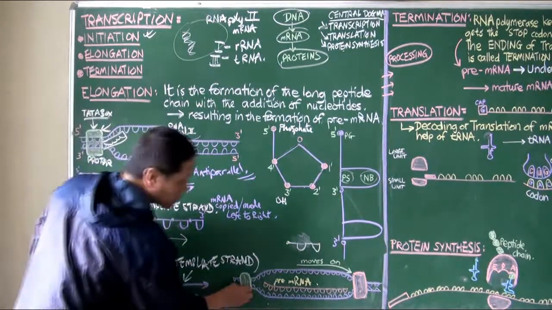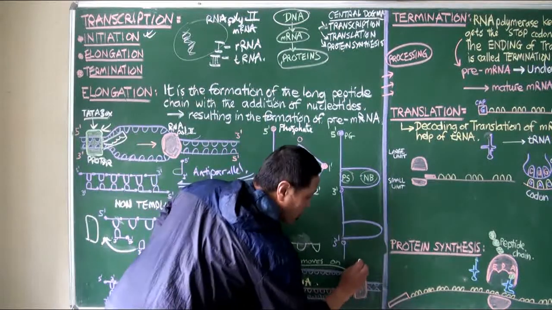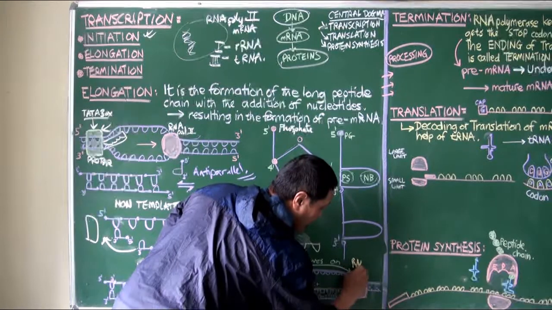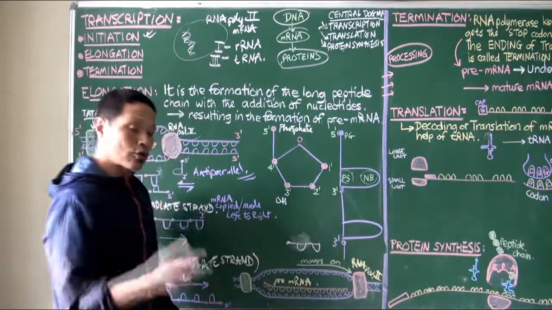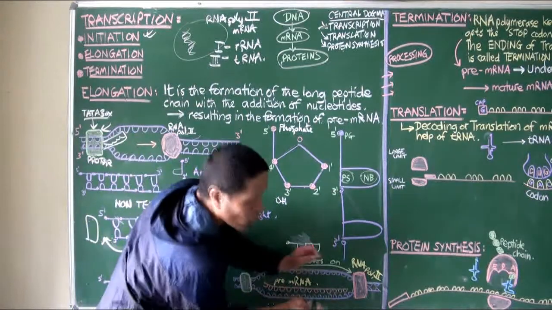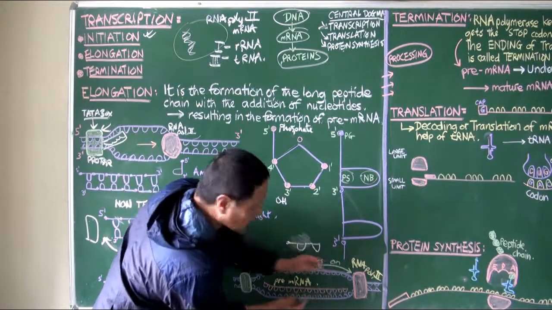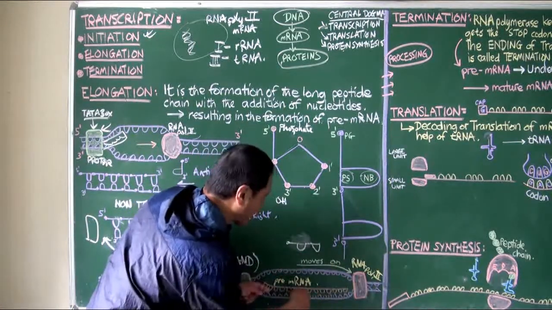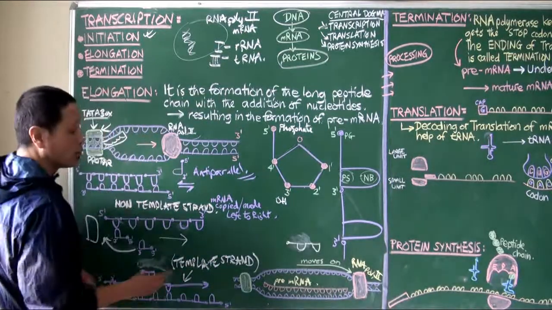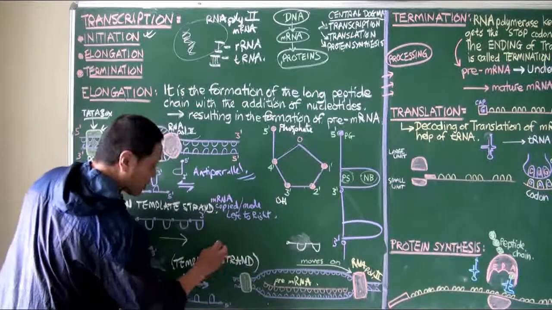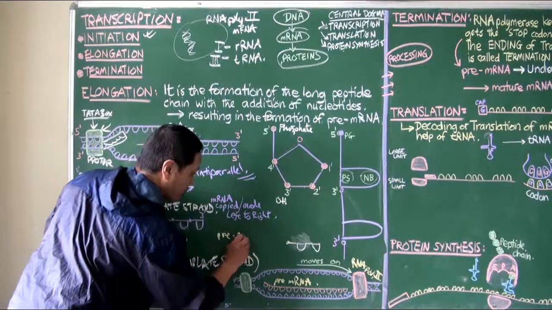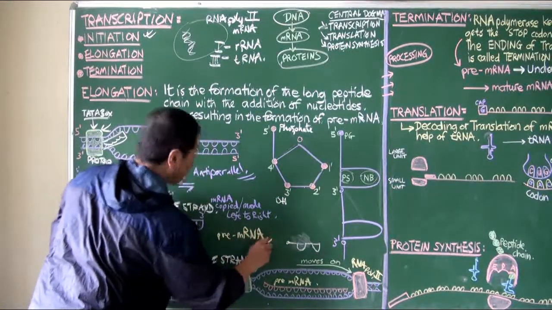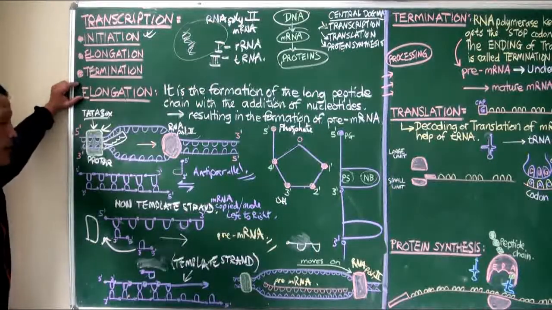This is the promoter, and this is your RNA polymerase 2, which has two jobs, not just to open up. One is to split up the DNA, and the other is to add on nucleotides to form what is known as the pre-mRNA. So this is what elongation is.